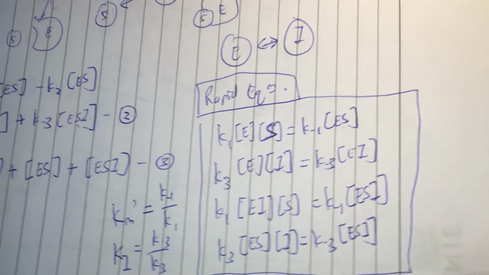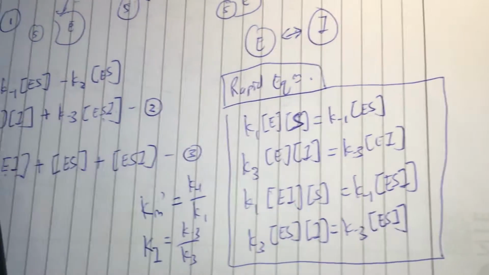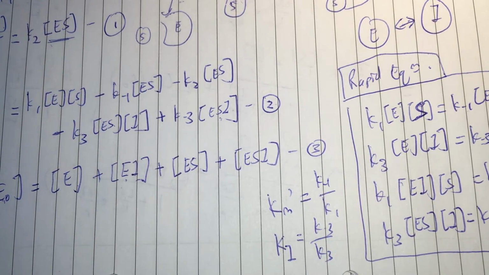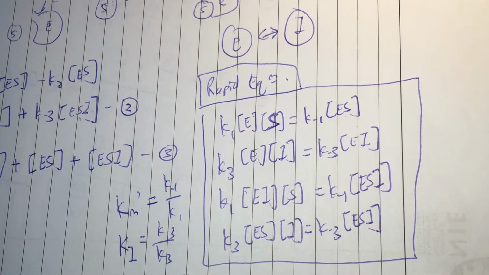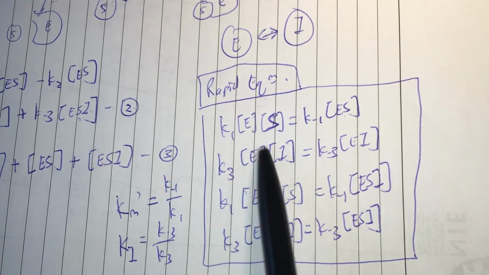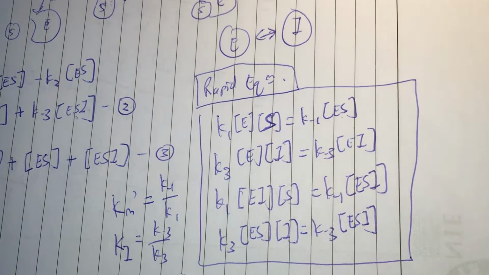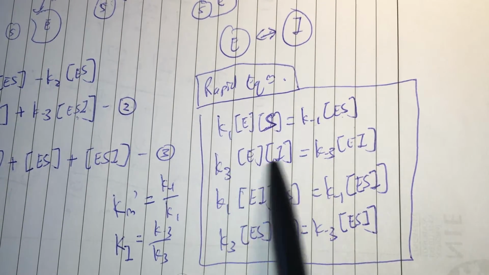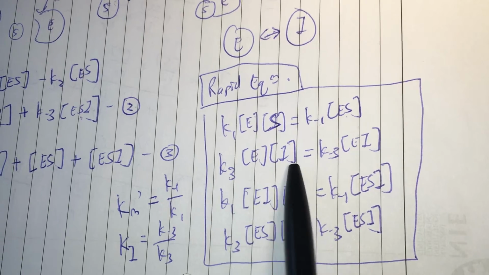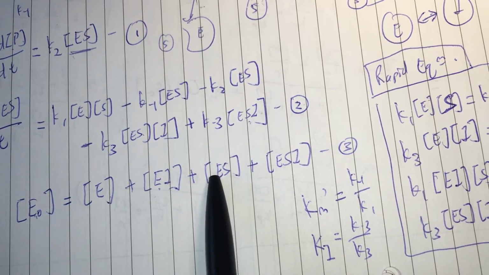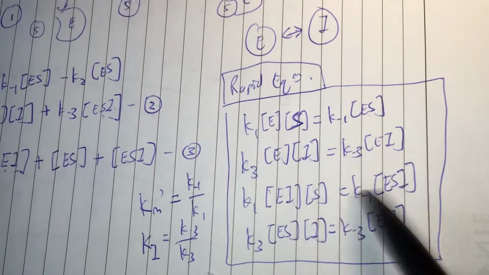Let's begin with the species E. E lies here and E lies here as well, so it depends on which one you want. I'm going by guess that this is easier because there's no more ES in that equation and you want ES to be your subject. So I'm just going to go with this first.